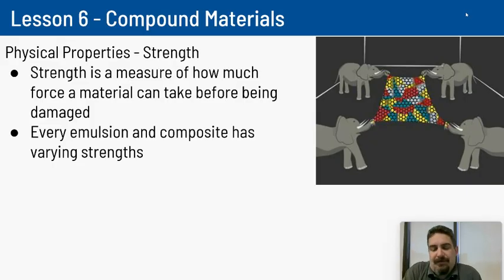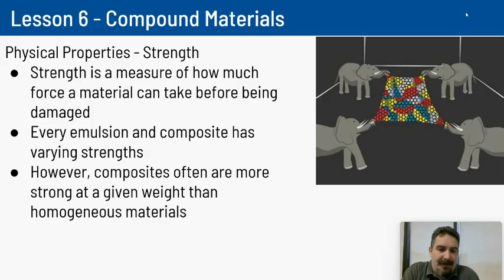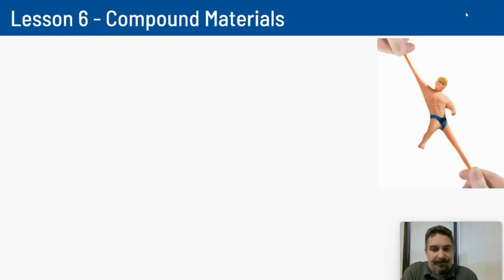These are different strengths. Some objects are much better at dealing with being compressed than they are with being stretched, for example. Now, composites typically, not guaranteed, but most of the time, are going to be stronger for their weight, for how heavy they are, than homogeneous materials. Composites just tend to let you reinforce, improve strength very easily.